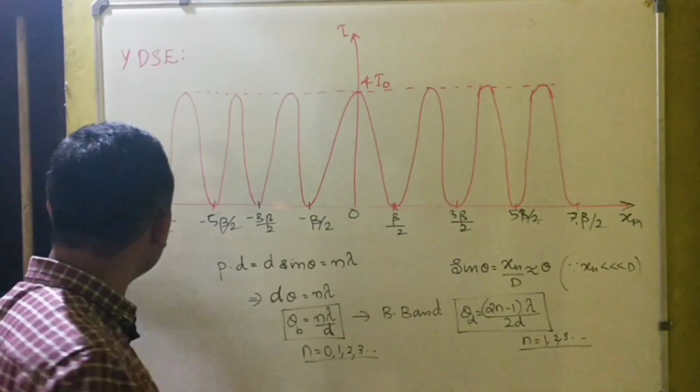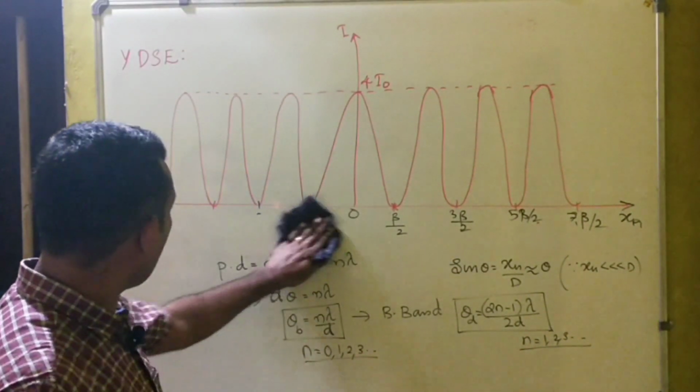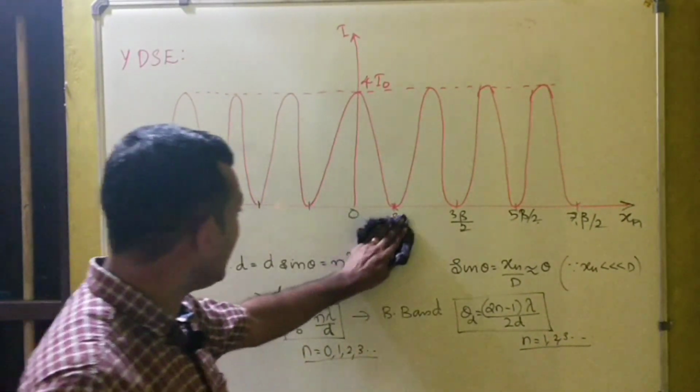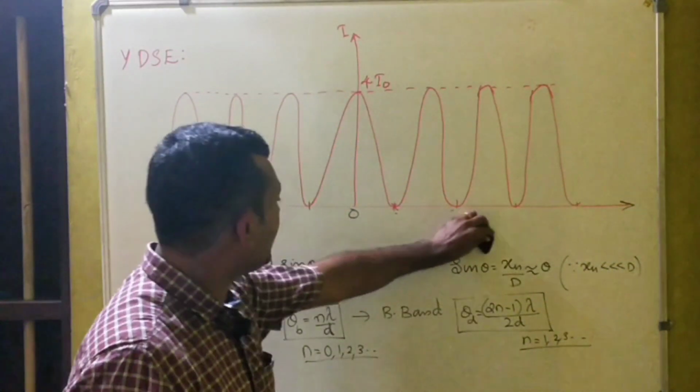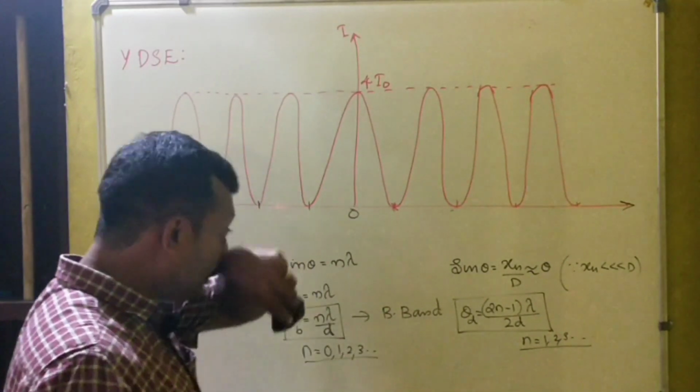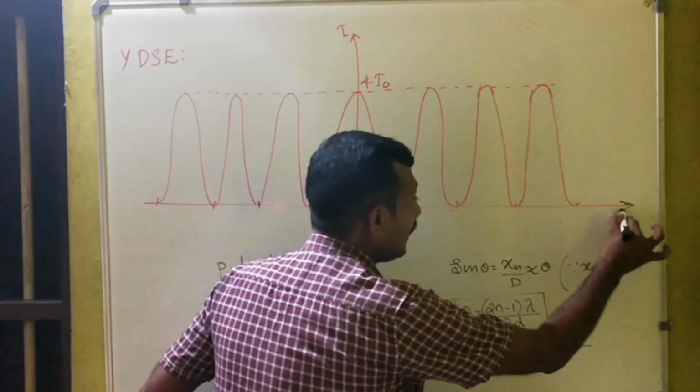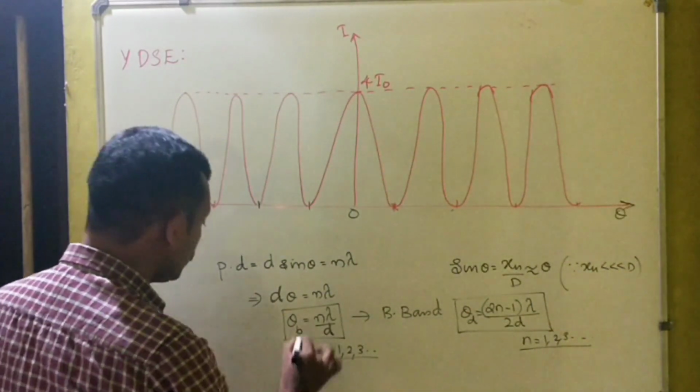Now we will move that aspect into the graph. We will inculcate that idea into the graph. So I'm going to plot in terms of theta, in terms of angular width. Theta n. So this is theta.